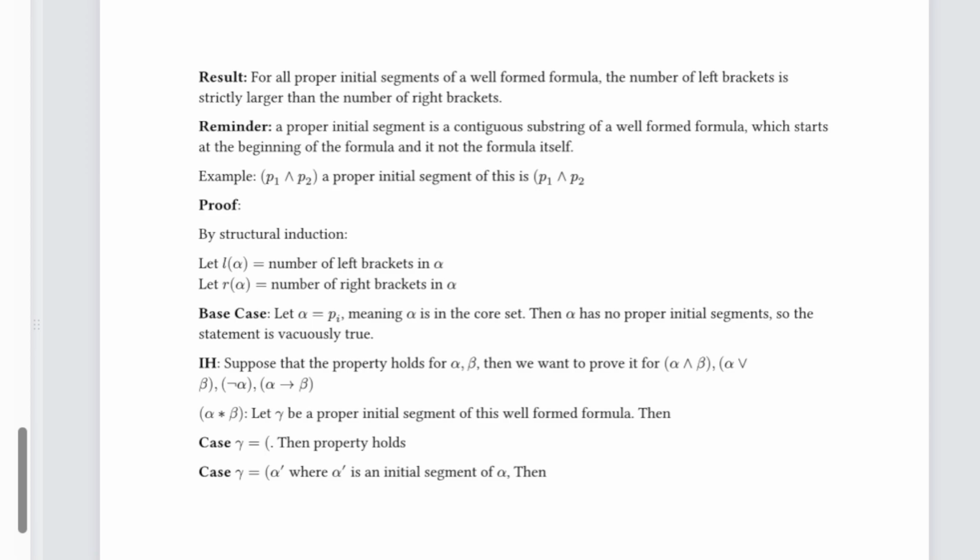Then L of gamma, which is the number of open brackets, equals 1 plus L of alpha prime.